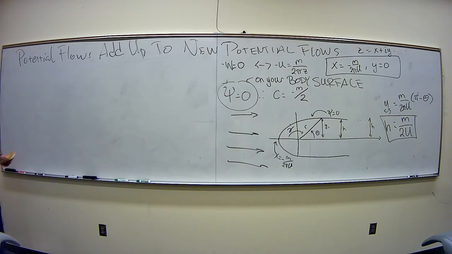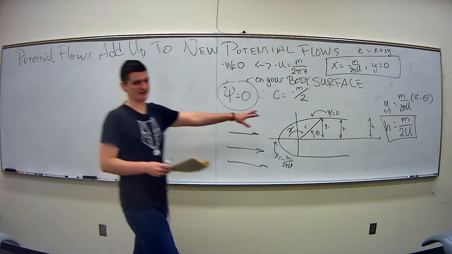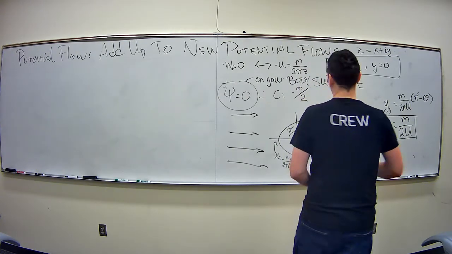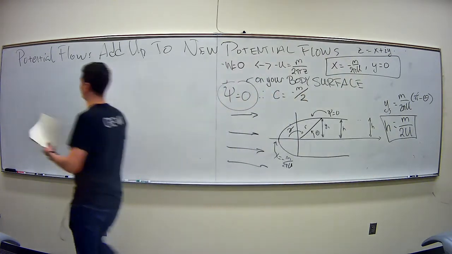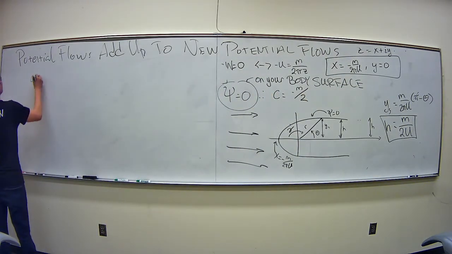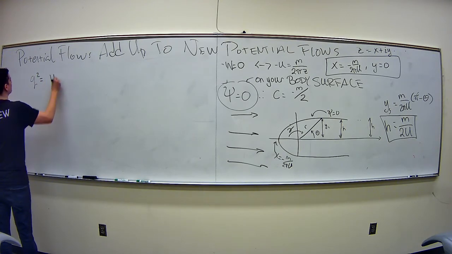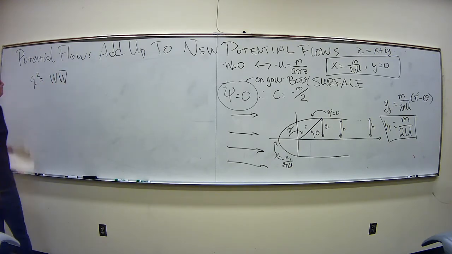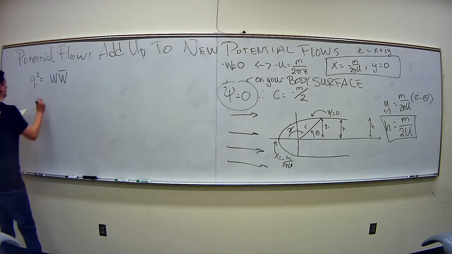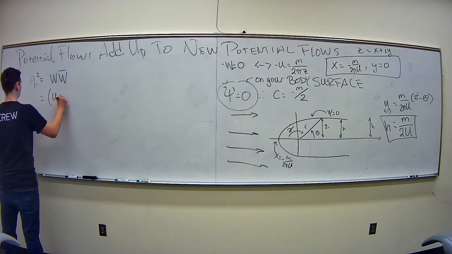So let's think about now just the speed. Where was that q that I had? So q squared, the generalized speed, was what? It was w times its complex conjugate.